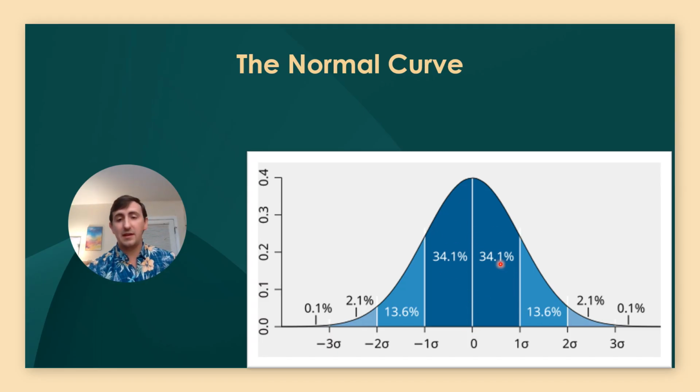And when you add them together, 68%, right? So when I talked earlier about the 68, 95, 99 rule, this is what I'm talking about. 68% of all of your data points are going to fit within one standard deviation, one above or one below the mean, the middle number, the mathematical average.